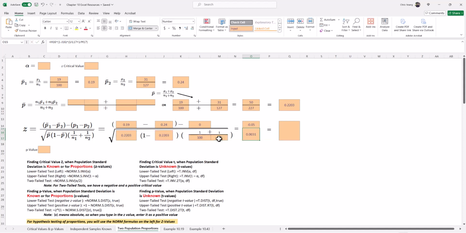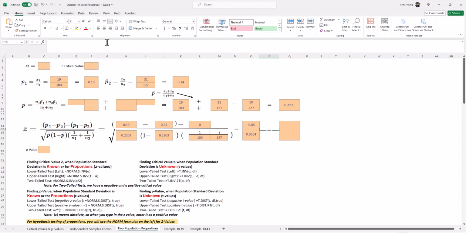Click enter. We know this is not the correct answer because we still need to do the square root. I like to break up the calculations in parts to avoid errors in your formula in Excel. So we got a good output now, and we could just apply the square root function to the whole thing.